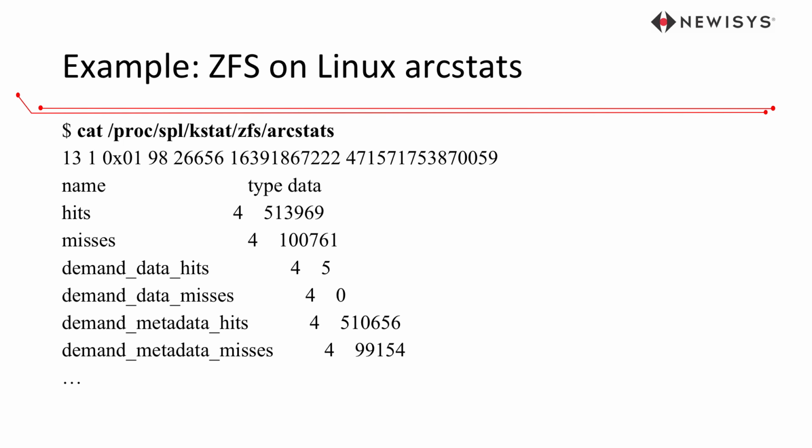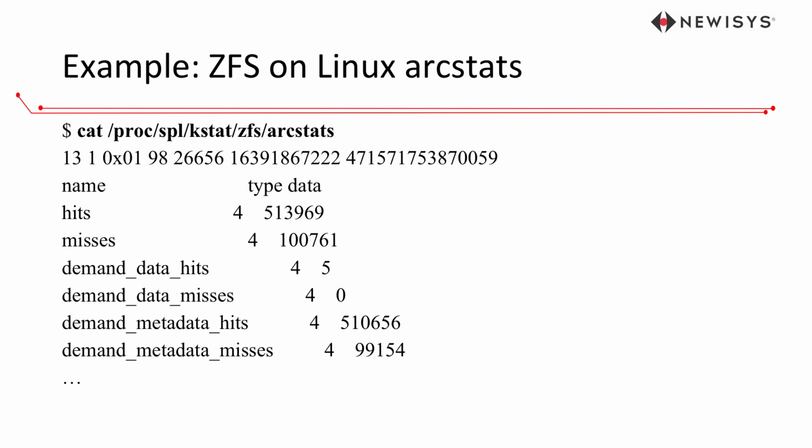You'll see some metadata in the first line, then you'll see a name, type, and data tuple. Until recently, all the types were 4, which is unsigned int.